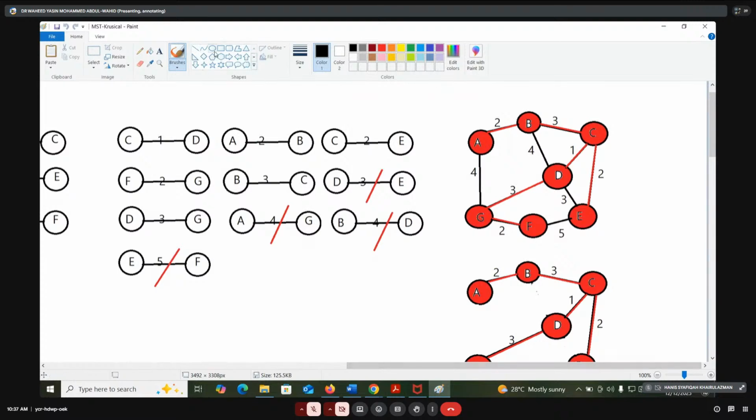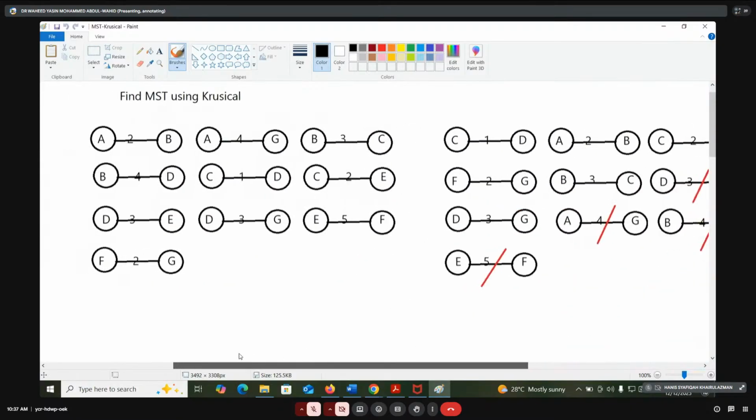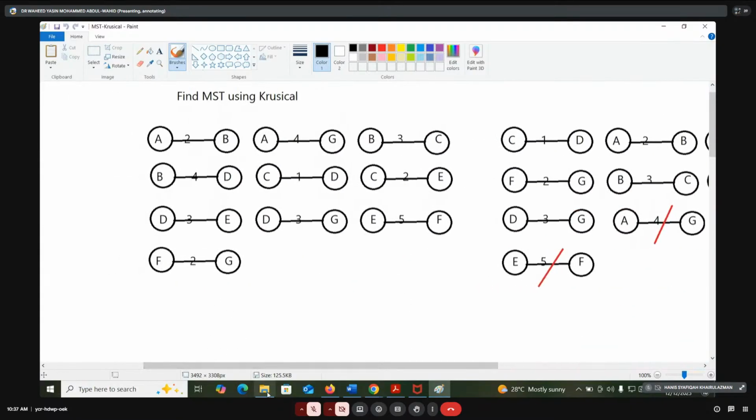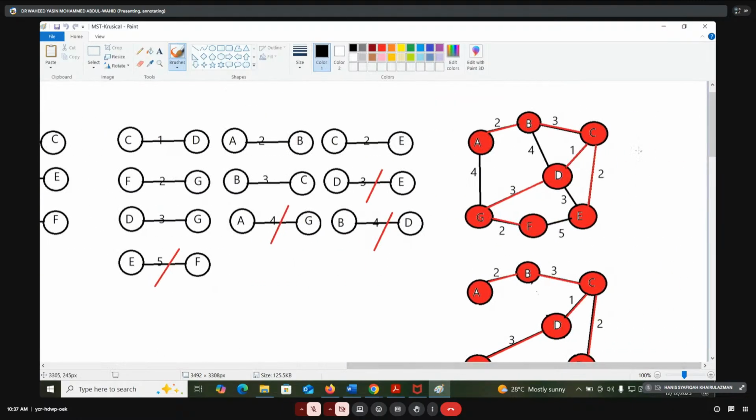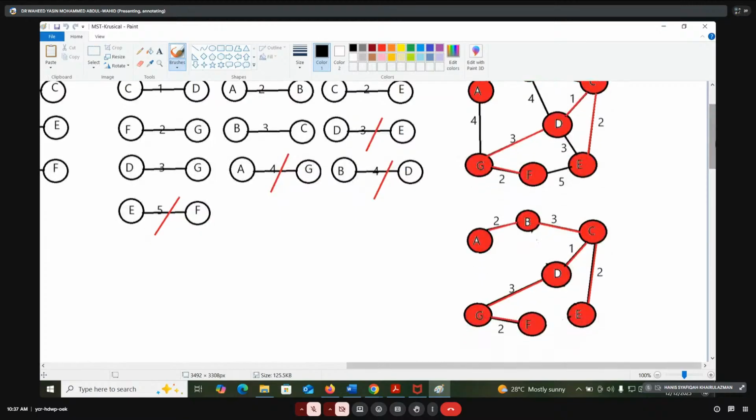Why do I have it like this? I will draw it again. I will use Kruskal, but let me go here.